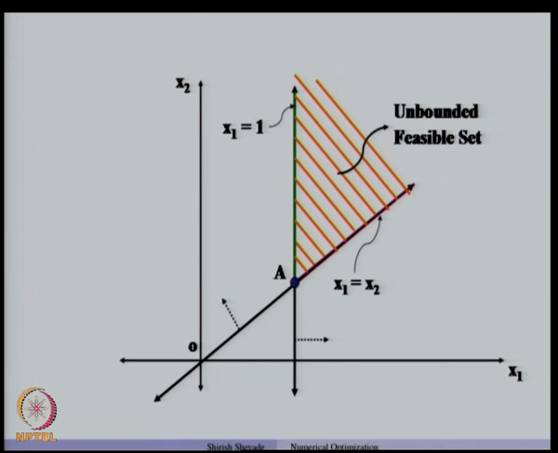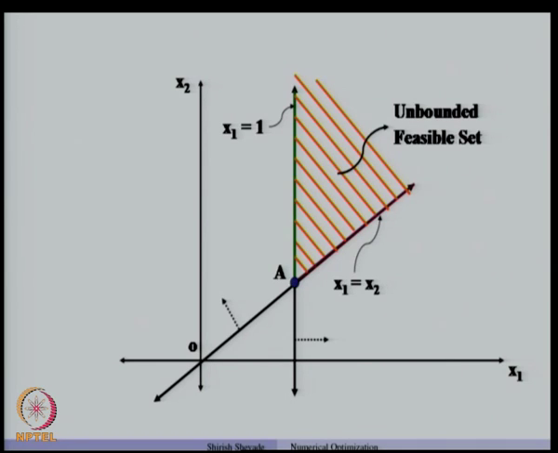Now, here is another example of a constraint set. Remember that the constraint set in a linear programming problem is a convex set, and the objective function, being a linear function, is also convex. So, the linear program is a convex programming problem. The constraint set could be bounded or unbounded. Here is an example where the constraint set is unbounded and has only one extreme point.